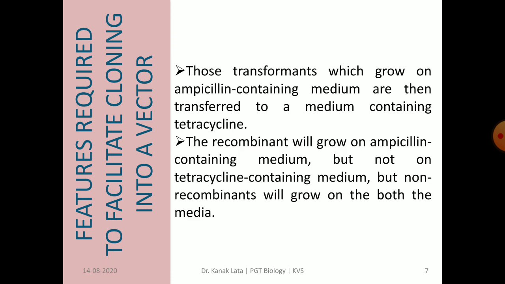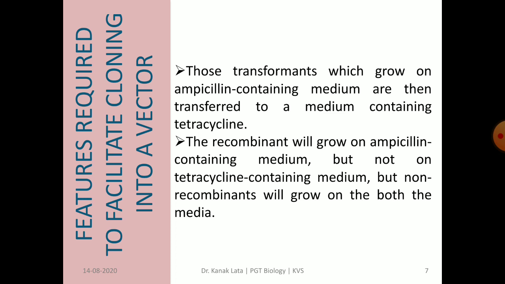The mixture of recombinant and non-recombinant plasmids are then transferred on a medium containing antibiotic tetracycline. The non-recombinant will grow in this medium, whereas the recombinant will not be able to grow in this medium. Why? Because the tetracycline resistance gene has been removed and they can be selected out.